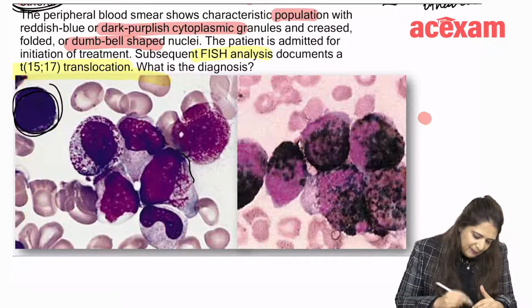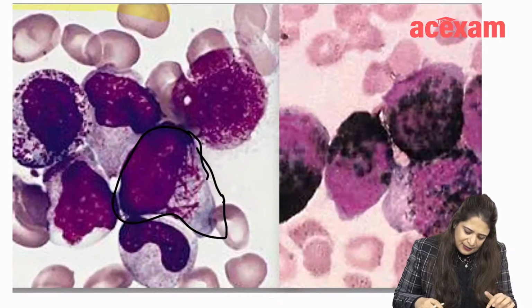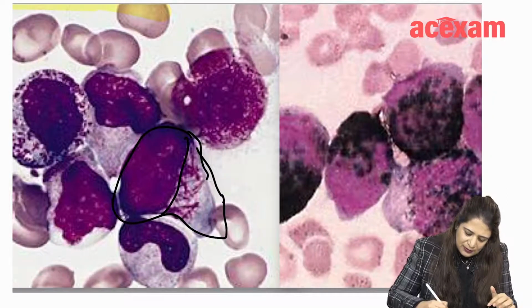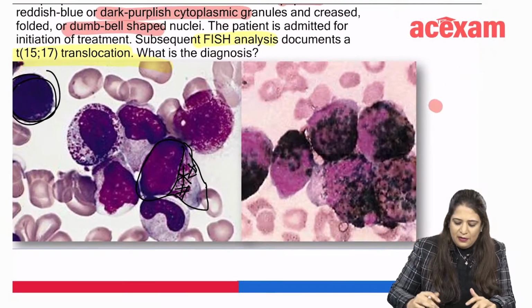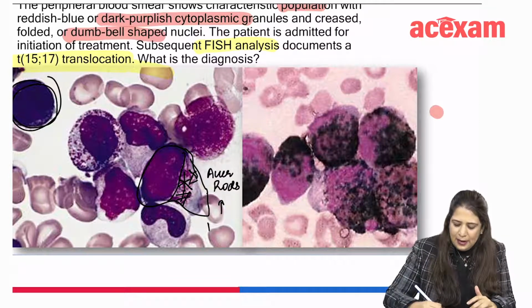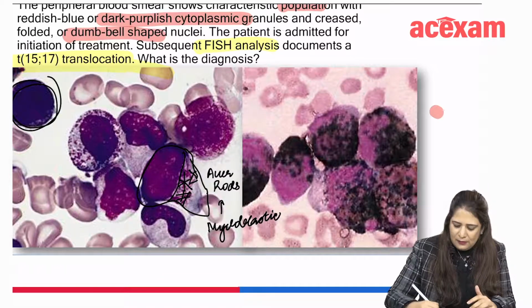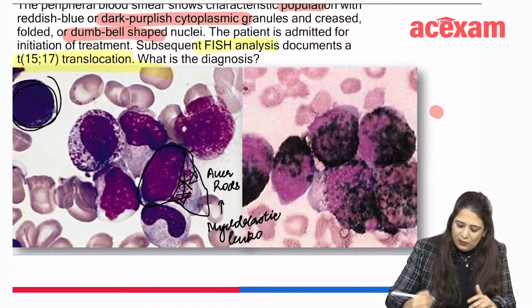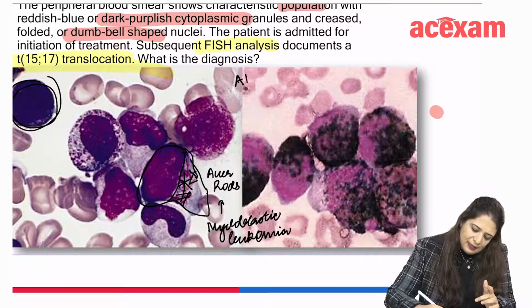A lymphocyte is there in the background for comparison, and these other cells, besides the nucleus, are showing intracytoplasmic bodies. What are these? These are Auer rods. And where are Auer rods seen? They are seen in myeloblastic leukemias, acute myeloid leukemias. So we know that this is AML.